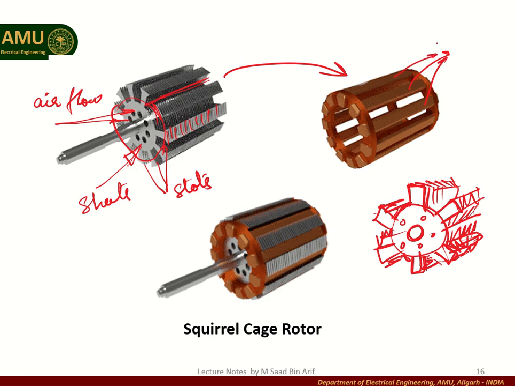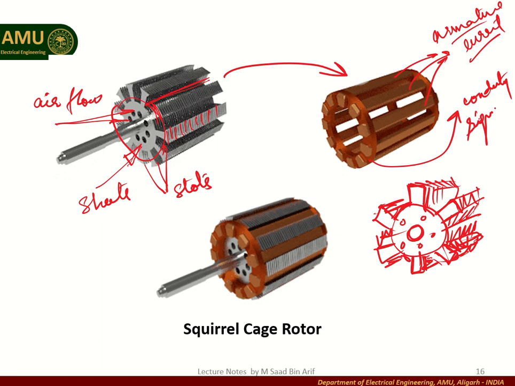These bars will carry armature current, and the ends of these bars are short circuited by conducting rings. So this is a cage type of structure of the rotor.